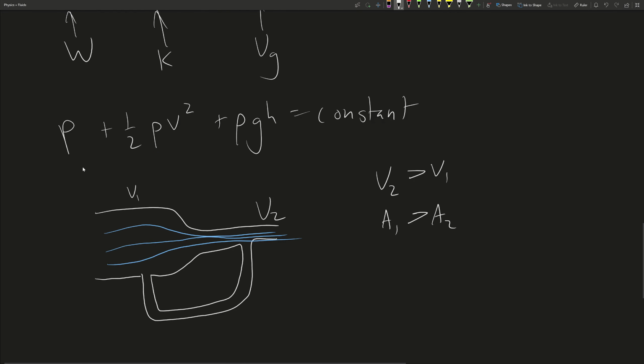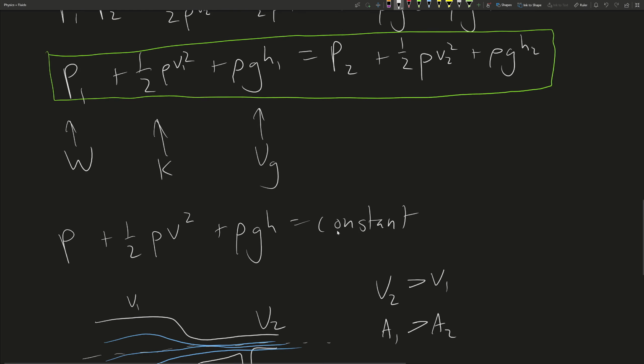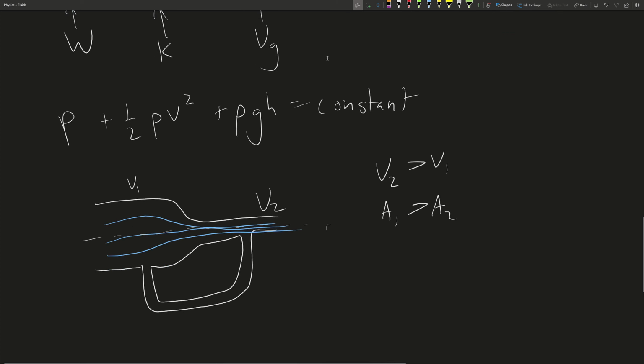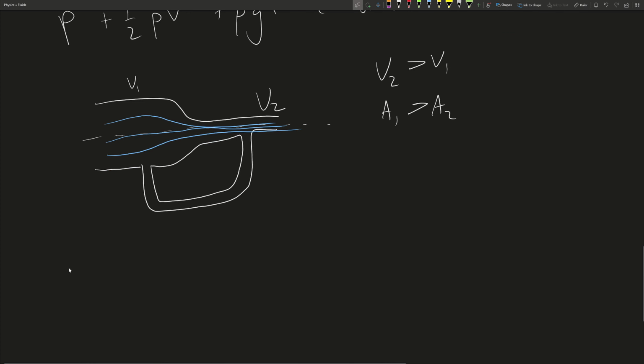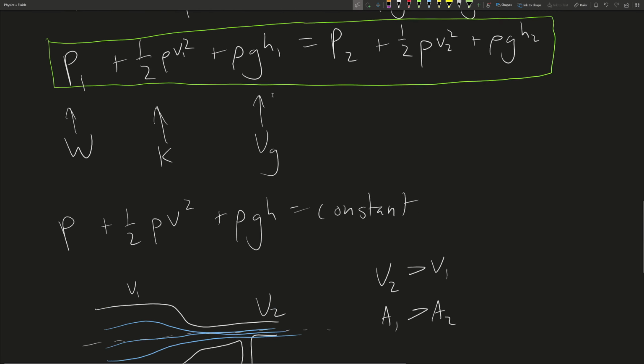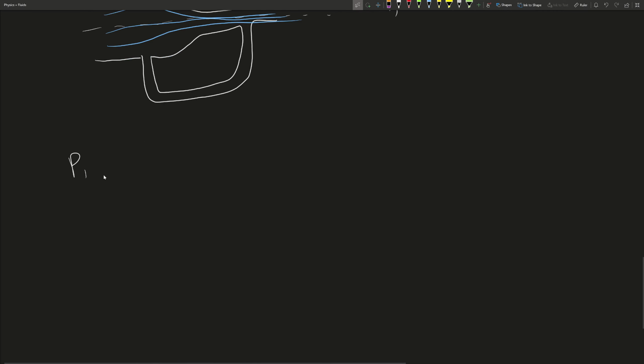And then now, since we can consider these at the same height, we know from Bernoulli's equation that pressure 1 plus, at the same height, the gravitational potential energy terms get canceled out. Pressure 1 plus 1/2 rho V1 squared is equal to pressure 2 plus 1/2 rho V2 squared.